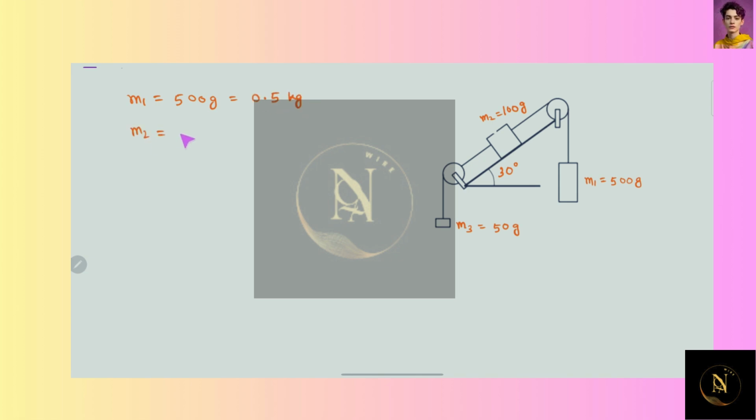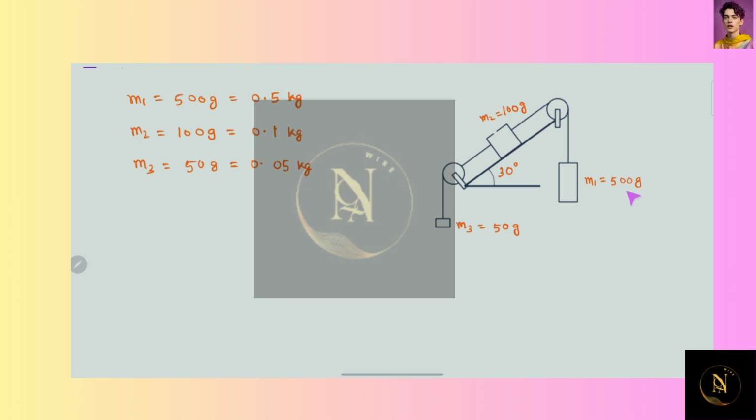M2 is 100 gram, which I can write as 0.1 kg, and M3 is 50 gram only, so that will be 0.05 kg.